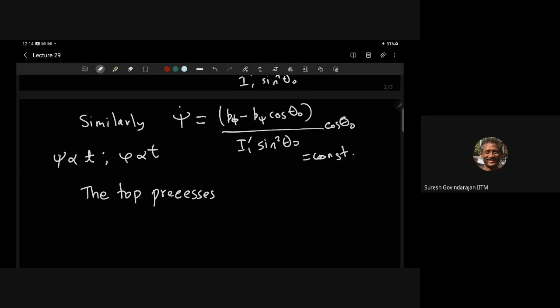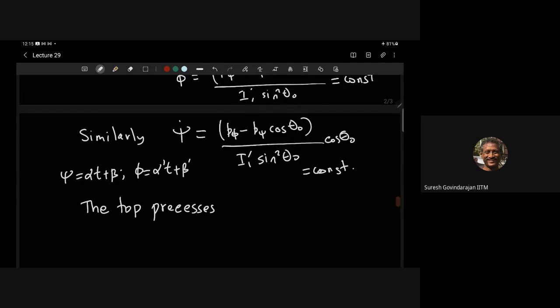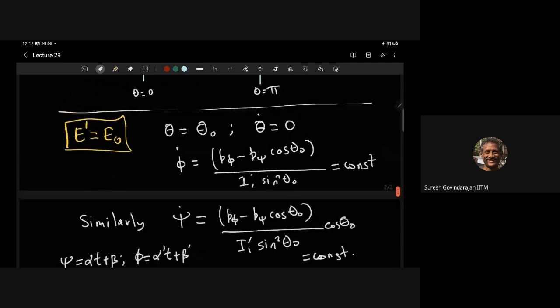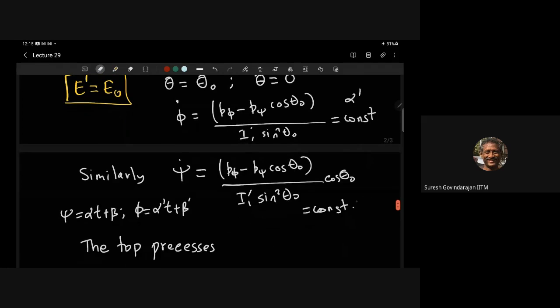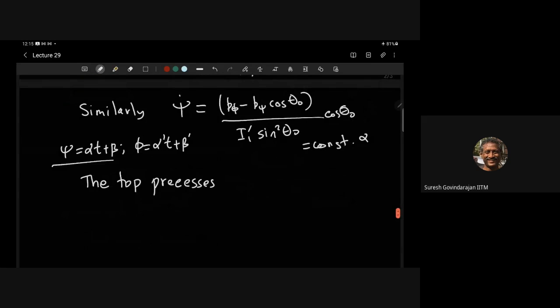Plus constants will be there. Where beta and beta prime are just some initial values, and alpha prime are these constants. So I'm calling this alpha prime, I'm calling this alpha. Okay, so this is what you will get.